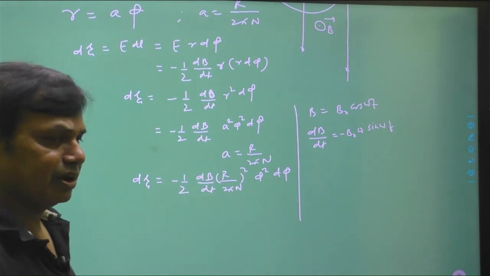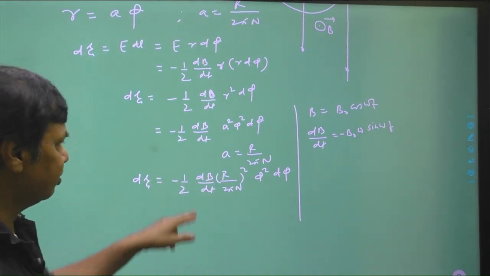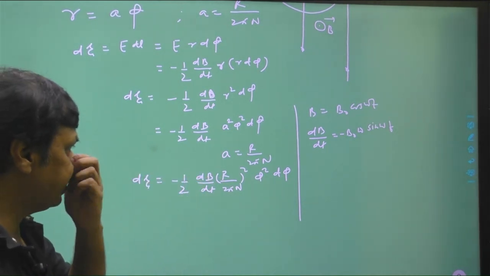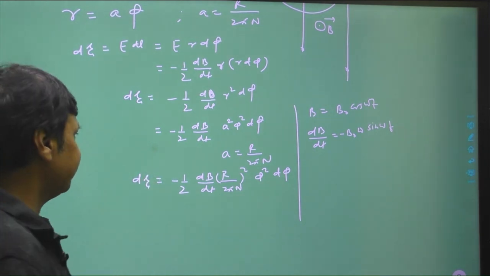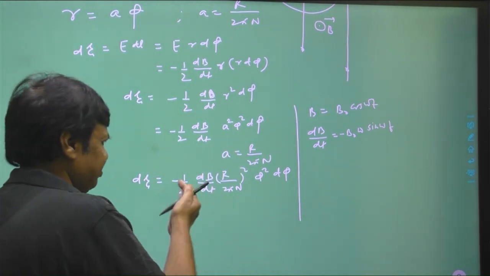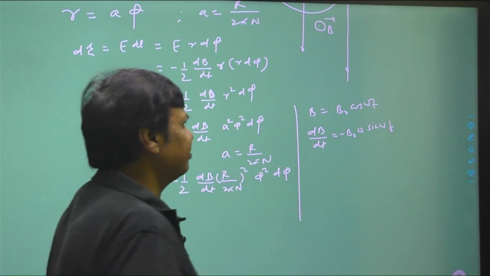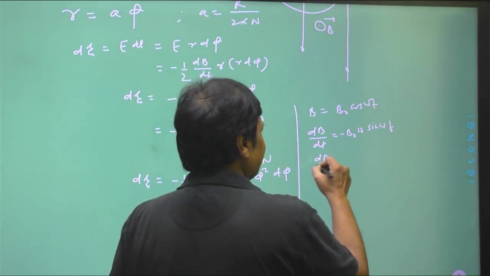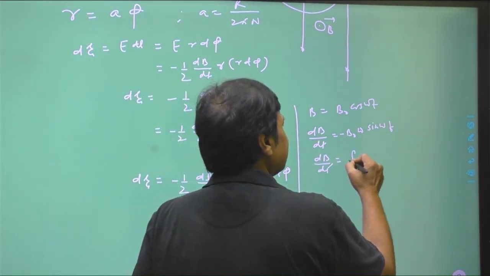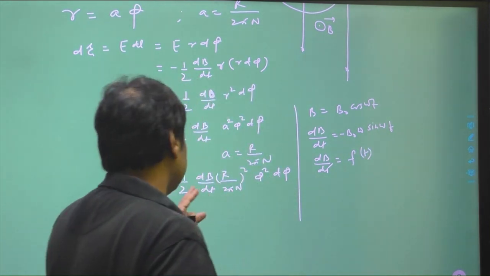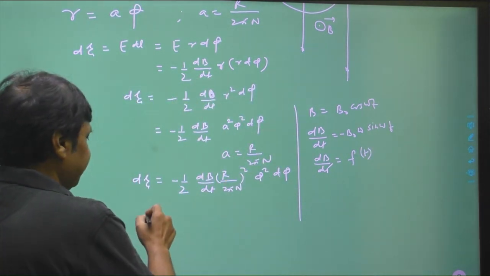So dB by dt is a function of t, and we integrate to find the EMF.